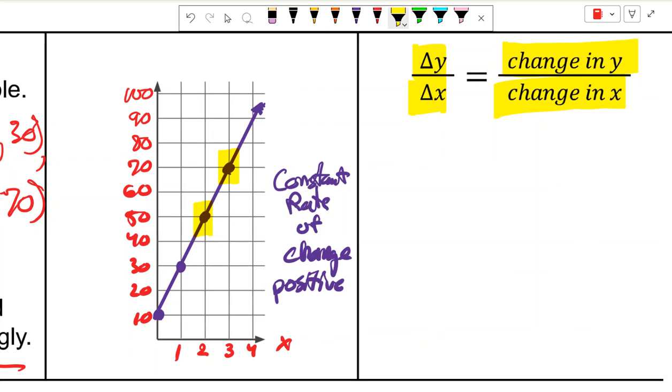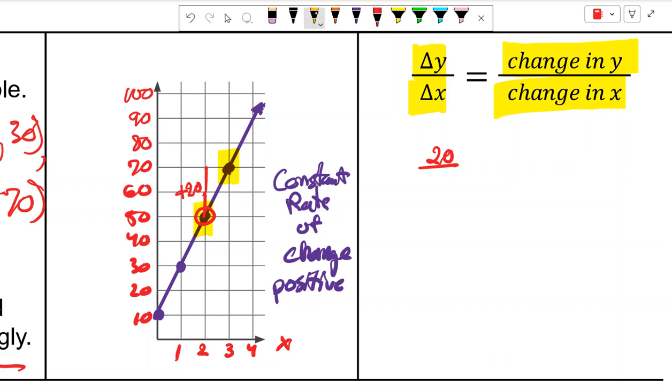And we're going to find out what the change in y is. So let's start at the bottom one right here. And we have to go up 1, 2, but that's not 2, that's actually 20. So since you're going up, it's a positive 20. That's my change in y. So I'll put 20 on top. And now what is my change in x?